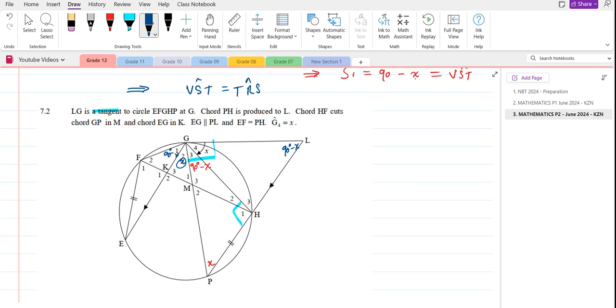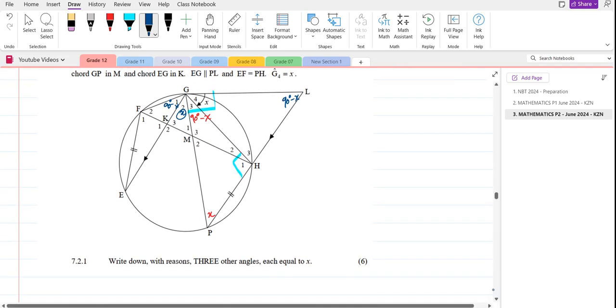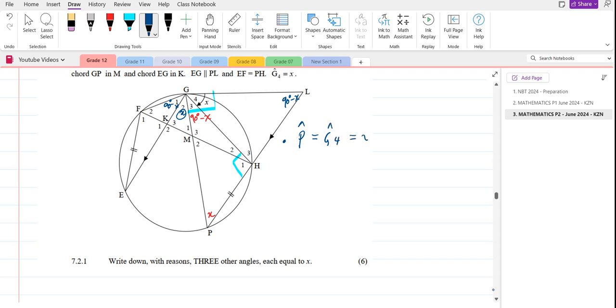So okay, let's write down what we have so far and not lose that information. First we're going to write angle P is equal to angle G4, which is equal to x. Tan chord theorem.